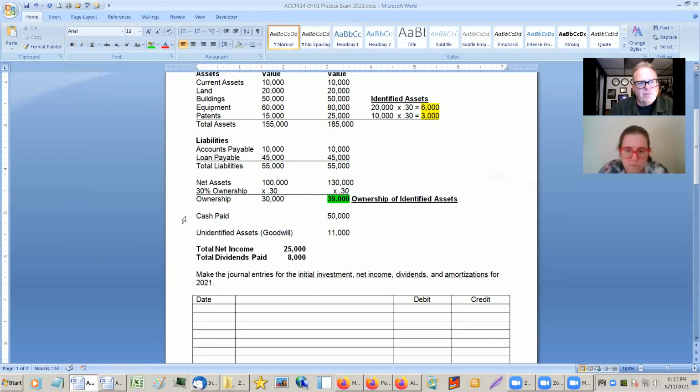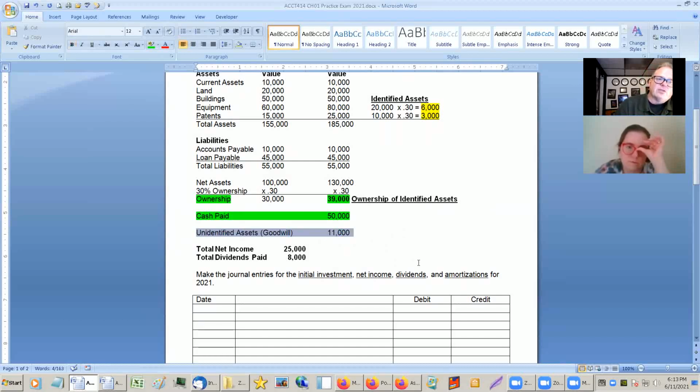Because this is what you'll compare to what you paid. So basically, you bought 39,000 of identified assets, and then another 11,000 of unidentified assets for goodwill.